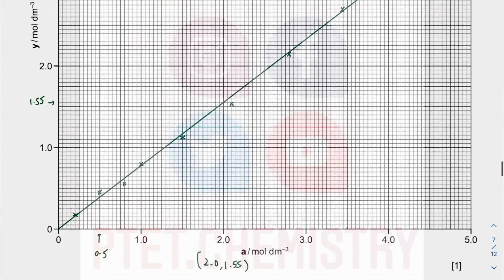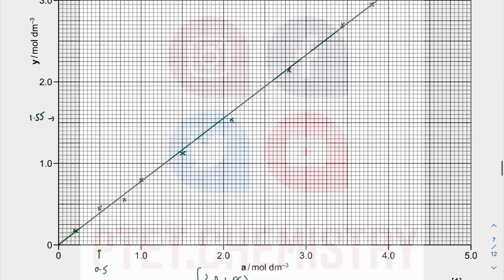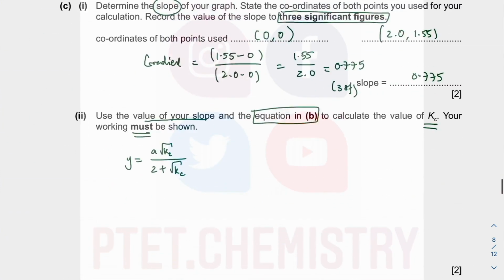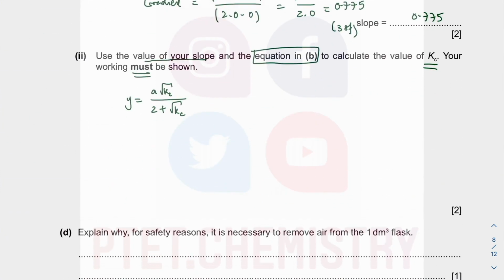The graph that you drew was y against a. I hope you can see that is your y-axis, and this is your x-axis. This bit there is basically your gradient.